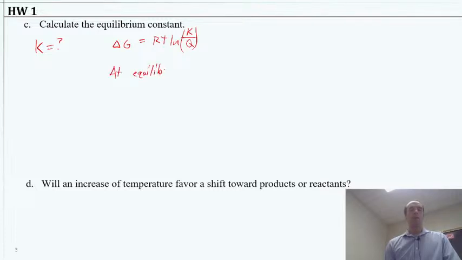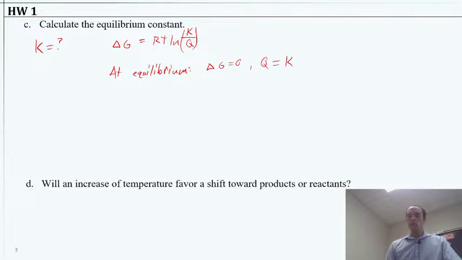So we can say at equilibrium, we know a couple things. We know that delta G is equal to 0, and we know that Q, which is our reaction quotient, all the pieces in Q have also, because we're at equilibrium, that goes to 1. Q is equal to K, and those terms together go to 1.